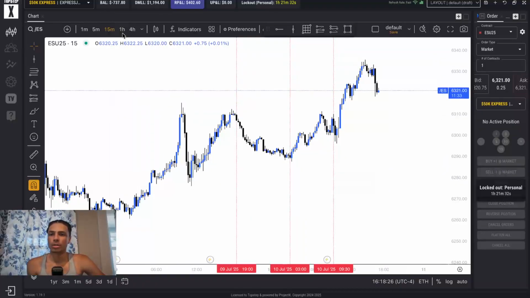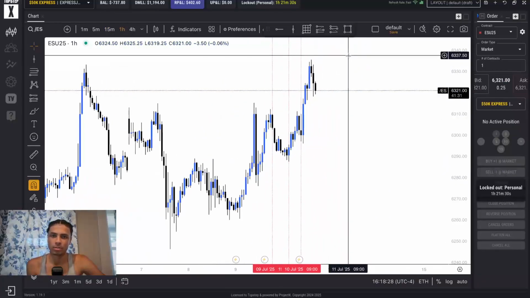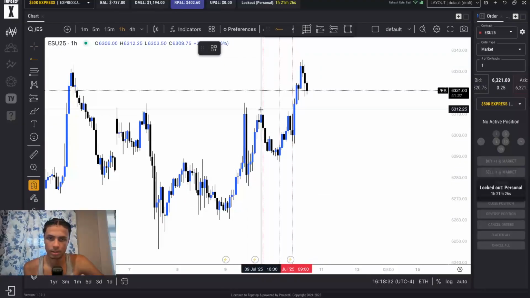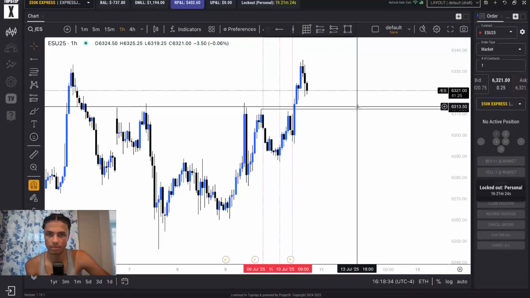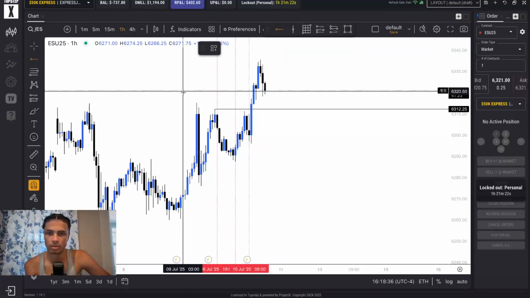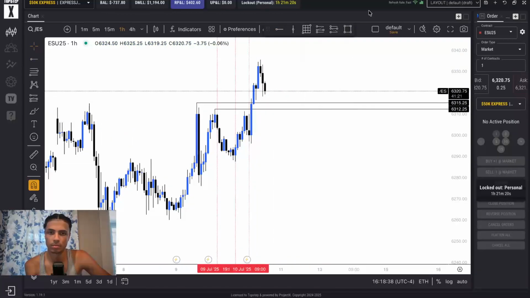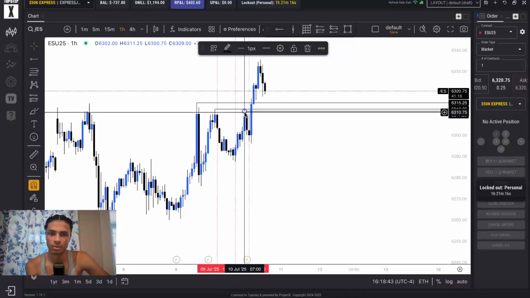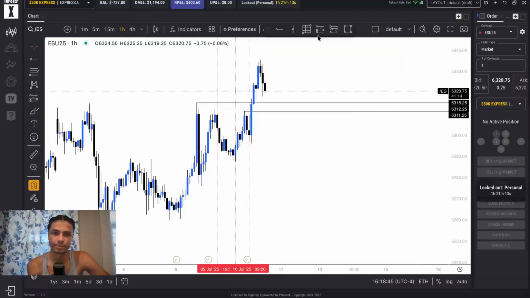If we look at the 1 hour and mark out some liquidities at the time, there are some last session highs. There was this Asian high, and you see that's low resistance liquidity because there are multiple sitting close to each other.